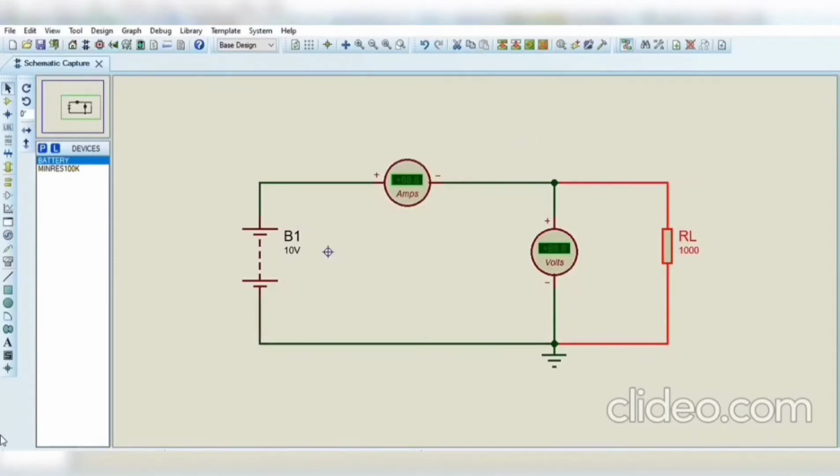After we run, we got the value of UL is still 10.0 volt and the value of IL is 0.01 ampere. Based on the value that we get, we can conclude that the value of simulation is same with the value of calculation.